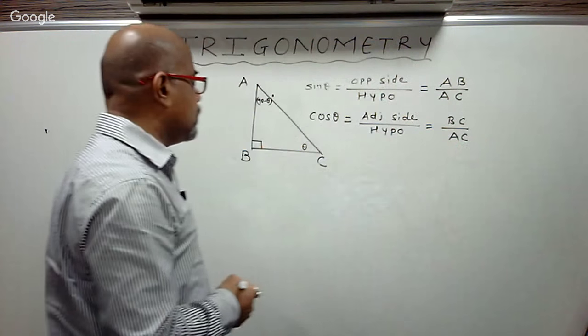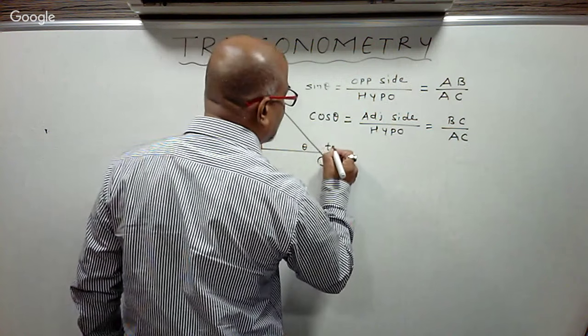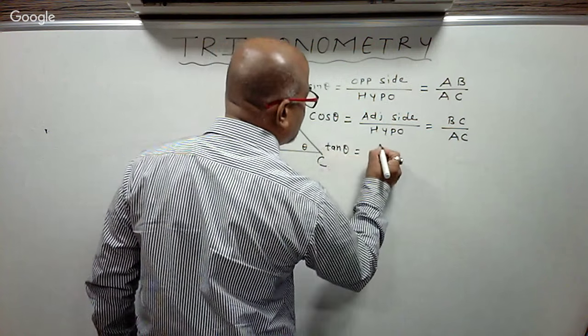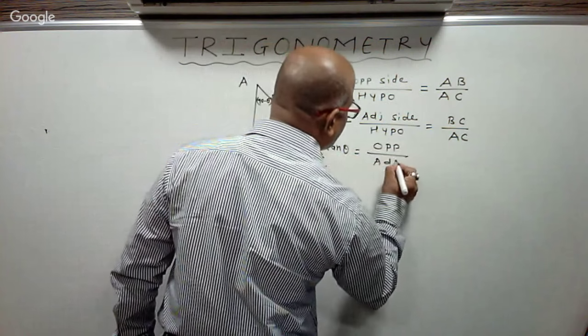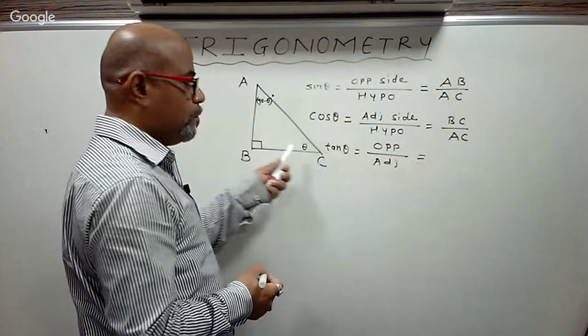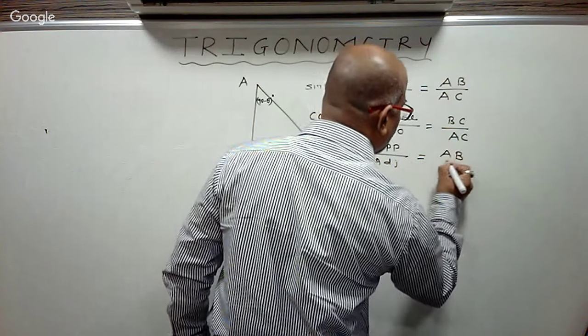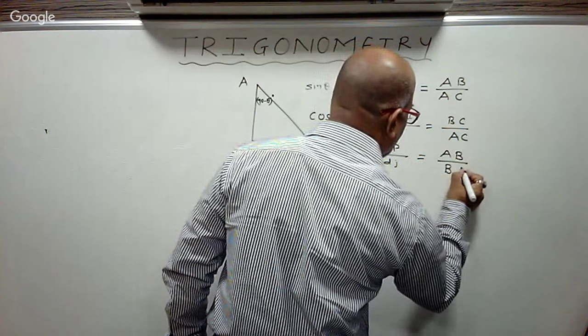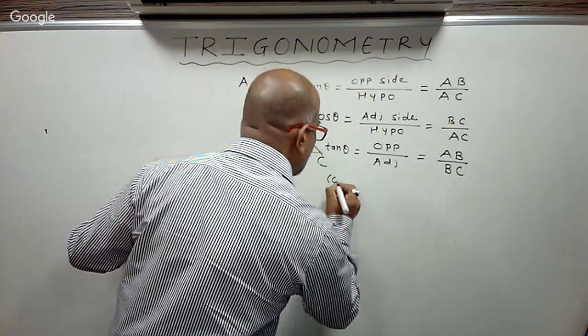Therefore, cos theta equals BC upon AC. Then tan theta, the formula is opposite side upon adjacent side. The side opposite to angle theta, already we know, is AB, and adjacent is BC.